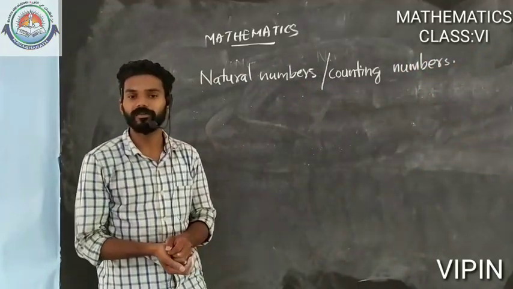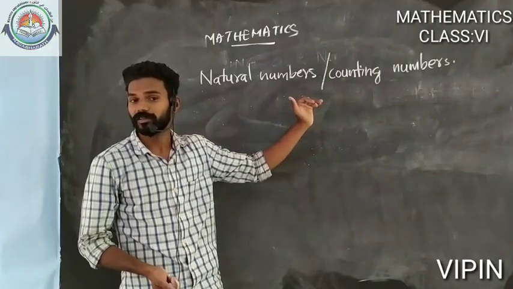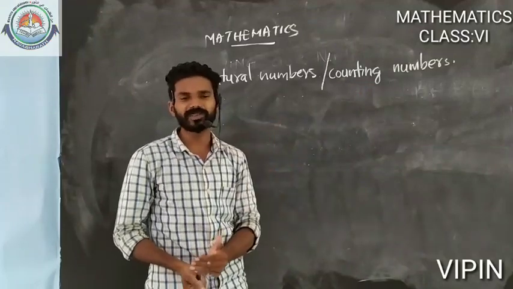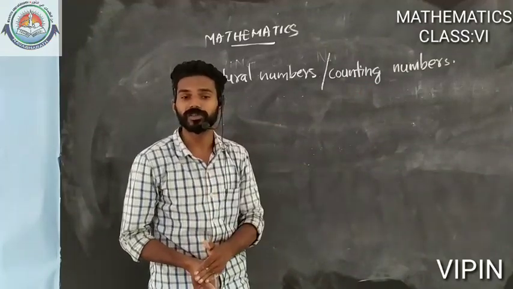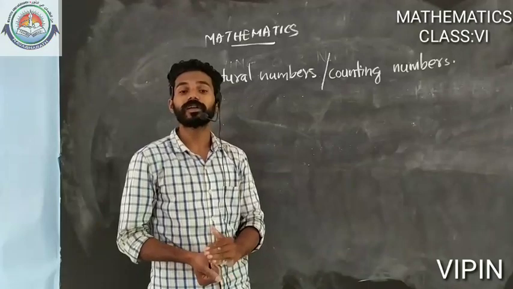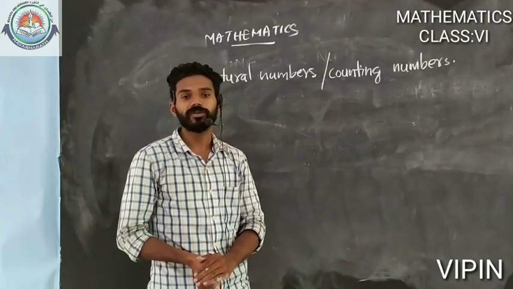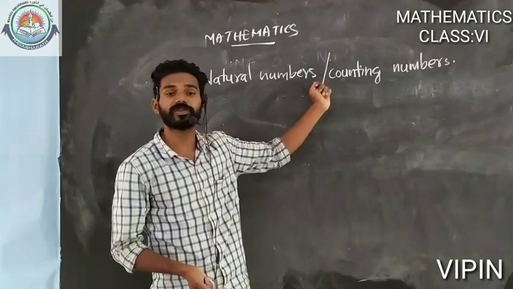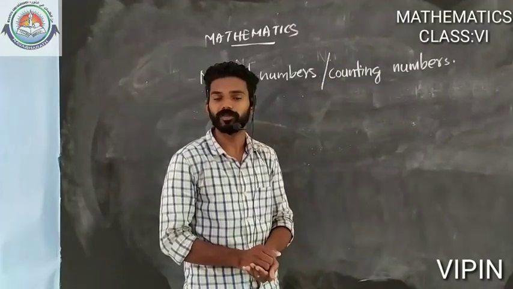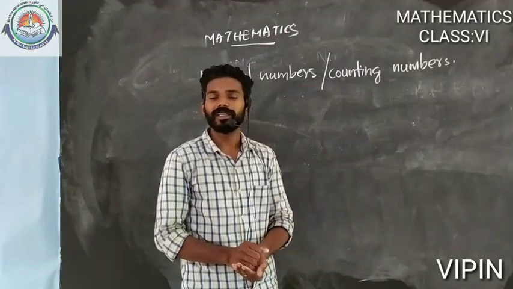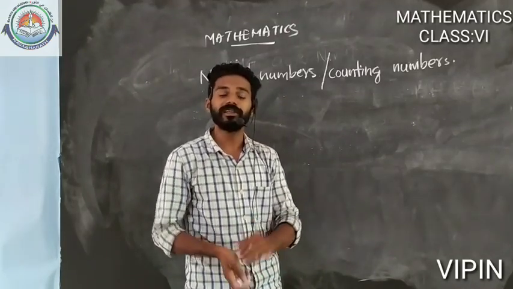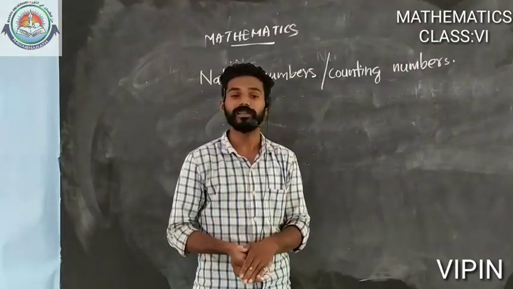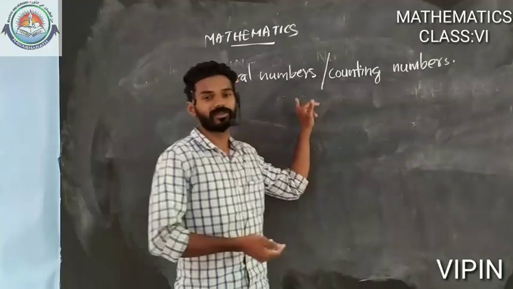From the name itself, we can be clear that the name counting numbers means those numbers were initially introduced for the purpose of counting. So the purpose of counting is done by natural numbers or counting numbers. Let's take an example and study how we can count different things by using natural numbers.